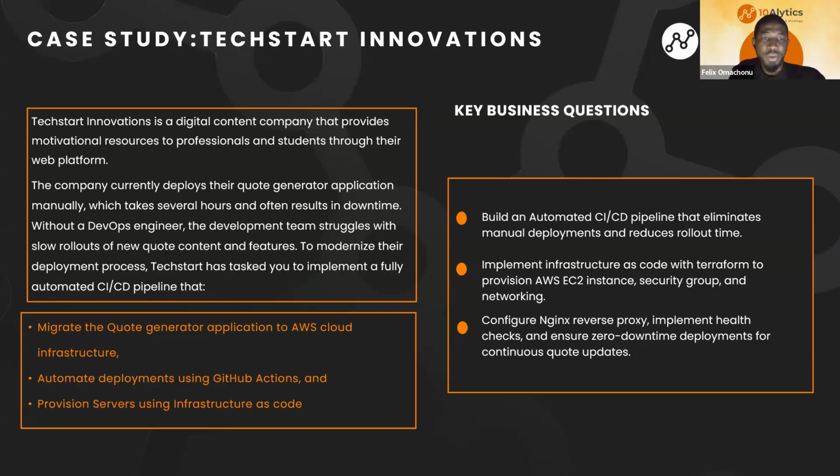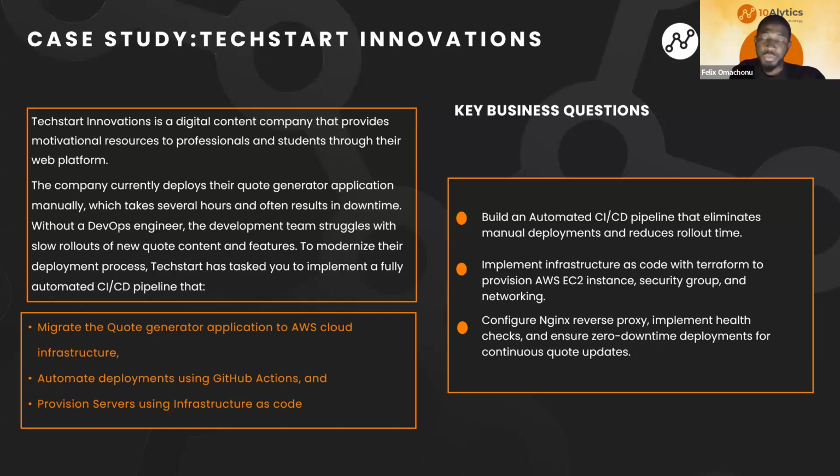To modernize their deployment process, TechStack has tasked you to implement a fully automated CI/CD pipeline. So we are putting every one of you in this situation as the DevOps engineers, and you've been tasked to fix TechStack Innovations' problem. They want you to migrate the quote generator application to AWS cloud infrastructure.